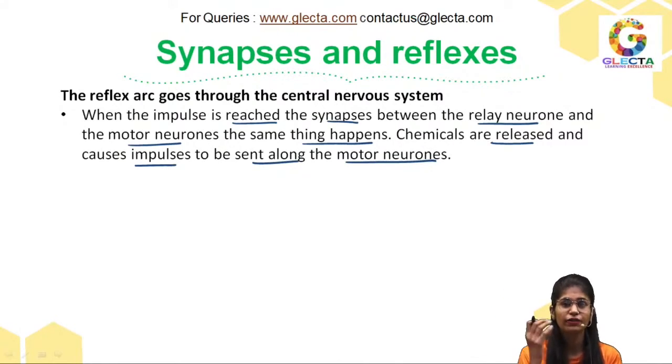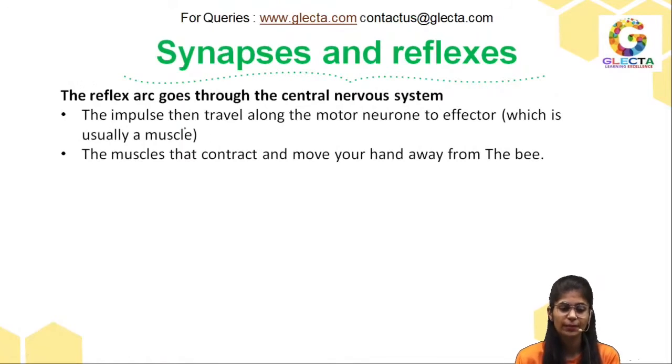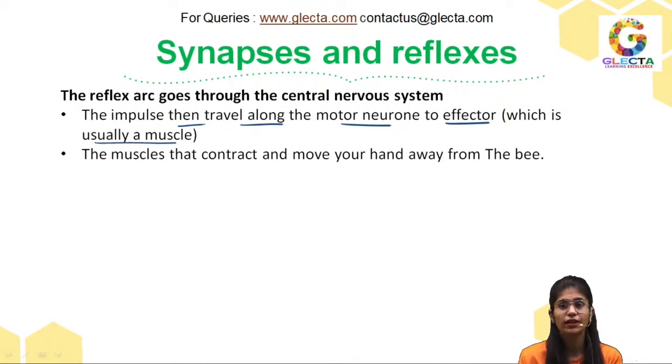Relay neurons again start jumping from one neuron to another, giving signals to your motor neurons, which will tell your muscles to contract. So the impulses then travel along the motor neuron to the effector, which is usually a muscle. If we're talking about a bee sting, it is definitely going to be a muscle. And then the muscle contracts and moves your hand away from the bee.